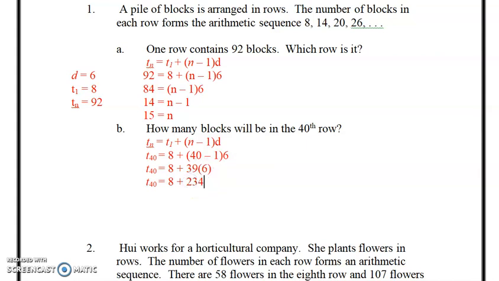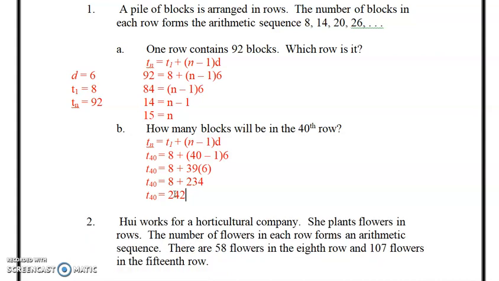Then we add the 8 and the 234 together for a final answer of 242. So again, what does this mean? This means that there are 242 blocks in the 40th row of this arrangement.